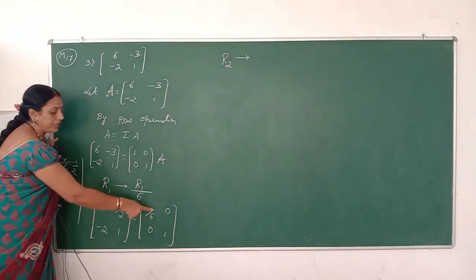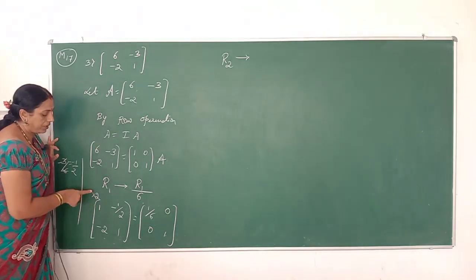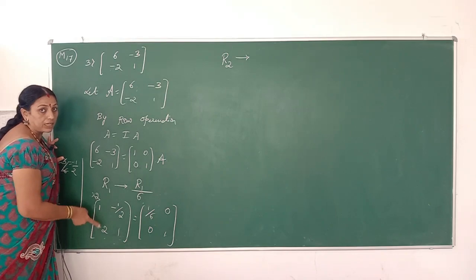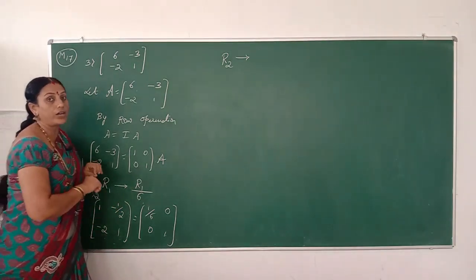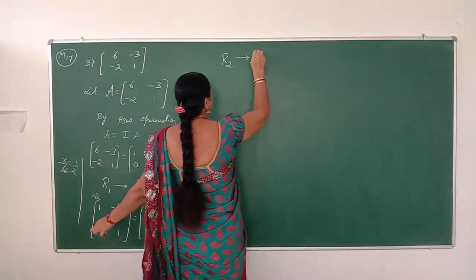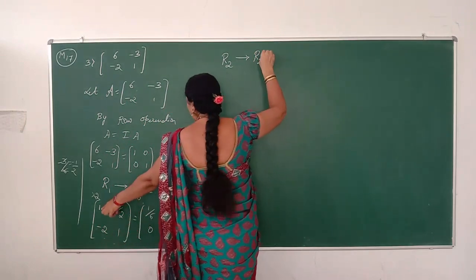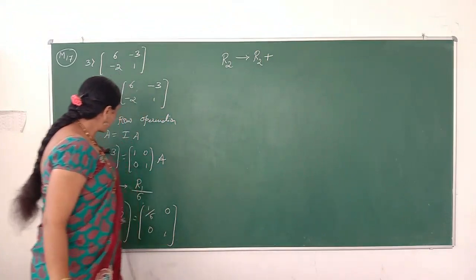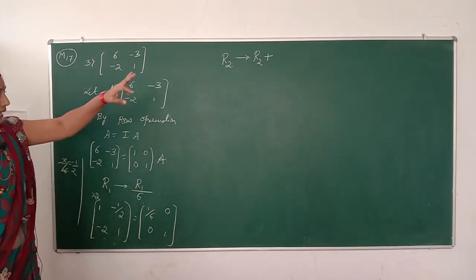Therefore, if the elements of R1 are multiplied by 2 and added to the corresponding elements of R2, then R2 can be changed with R2. But here there is already a minus, so it becomes positive. So one of them will be positive and another one will be negative, getting added in the equation.